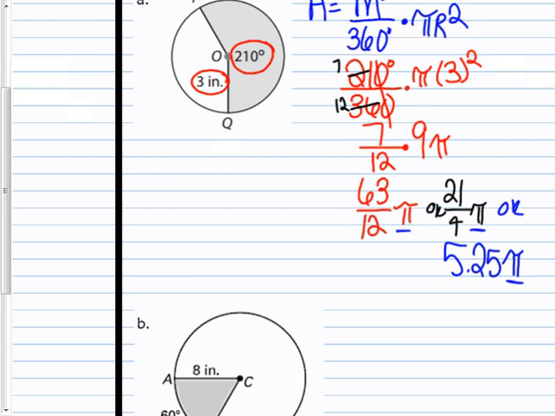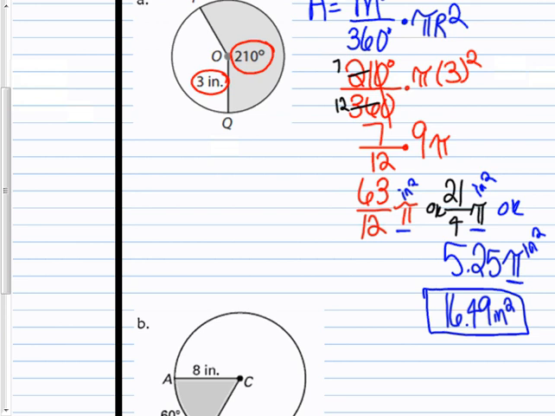So all of these are options, and the units are inches squared, because we are talking about area. Even though it's area of a sector, it's still area. So that's in terms of pi. They also wanted the nearest hundredth, so 5.25 times pi to the nearest hundredth is 16.49 inches squared. And if you're not getting exactly the same answer I am, make sure you're using the pi button on your calculator. That could be why.